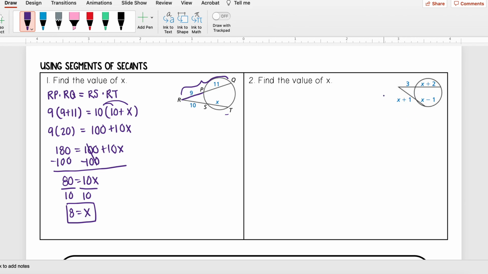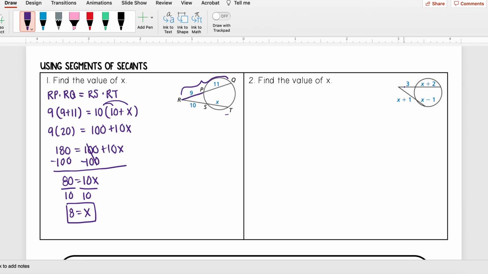Okay, let's try another one. So here I want to find the value of x. Again, I see that I have two secant segments here because they both are segments that contain a chord, and the endpoint is on the outside of the circle, and they intersect. So I know I can use my theorem that we just learned about.